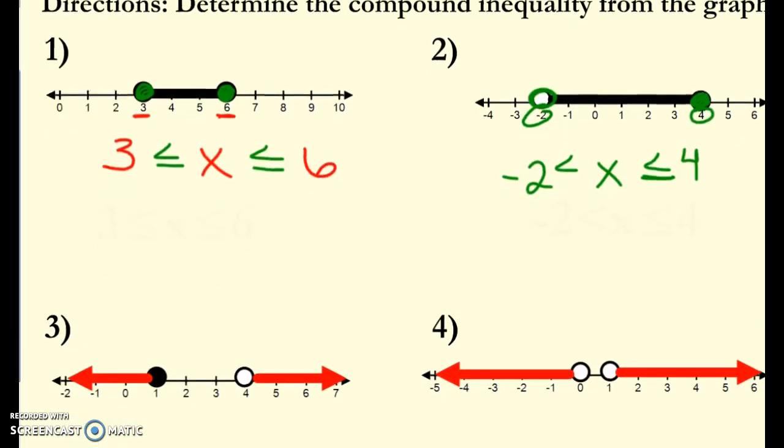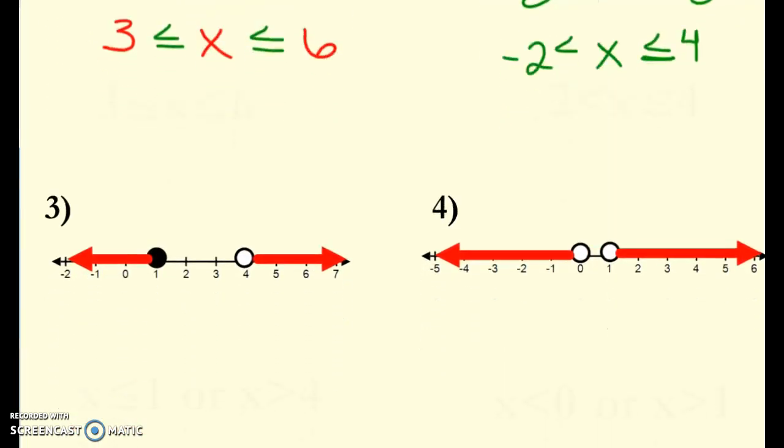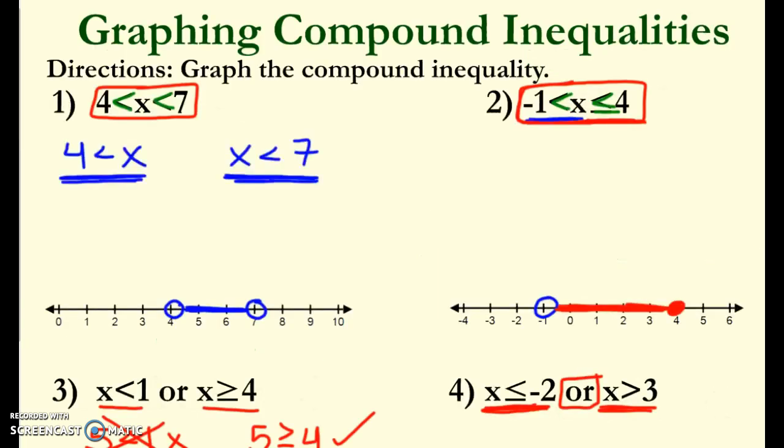All right, then notice we have our or ones. They're going in opposite directions. So I'm going to have x and 1 or x and 4. Now let's look back on our inequality signs for the or statements. Notice that they're always going in opposite directions.